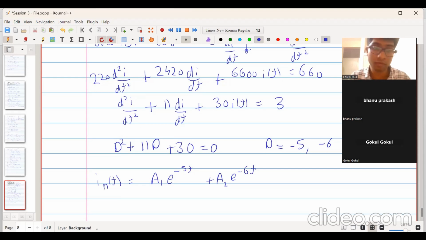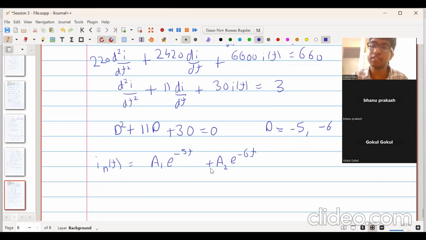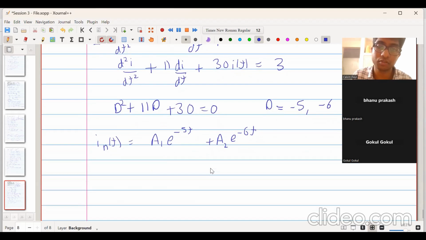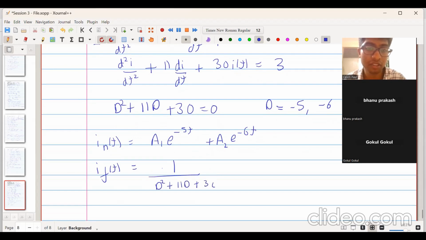Now this is for the natural response. Now we want it for the forced response. For the forced response, I f of t will be equal to 1 upon D square plus 11D plus 30 into 3. D we must substitute equal to 0 because it is a constant DC voltage.